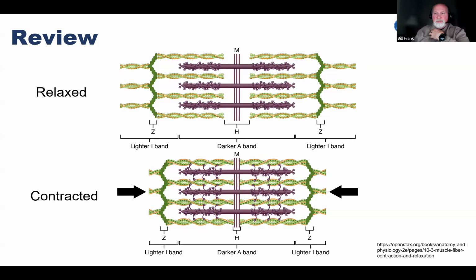Another question: are actin and myosin intermediate filaments, microfilaments, microtubules, or a combination thereof? Sorry, could you repeat it? I was looking for it in the chat and I didn't see it.